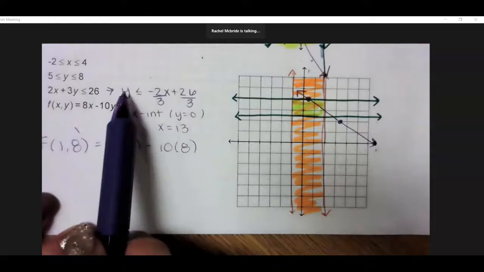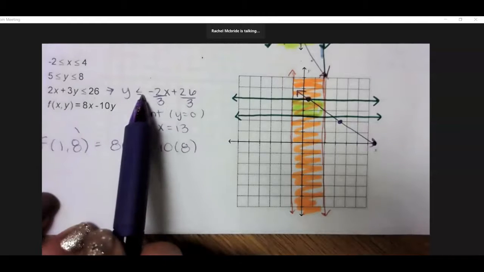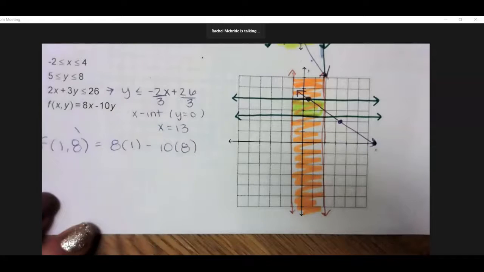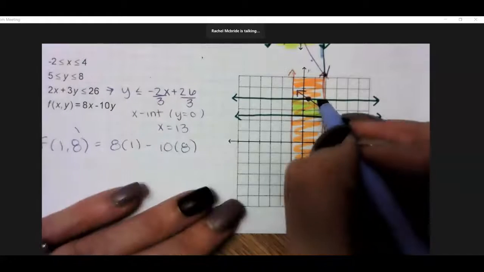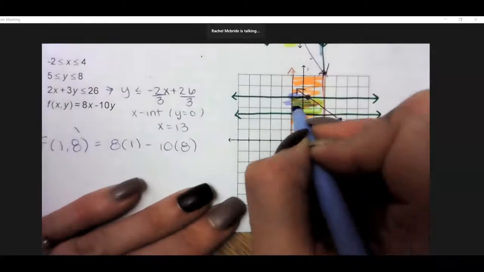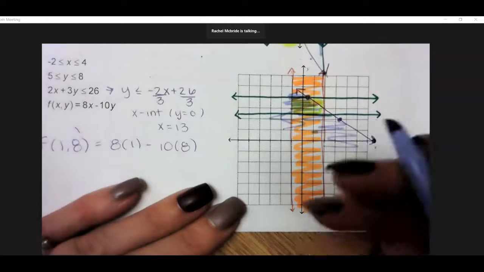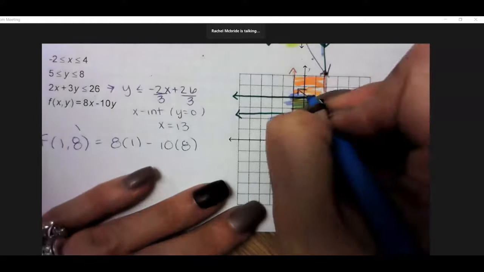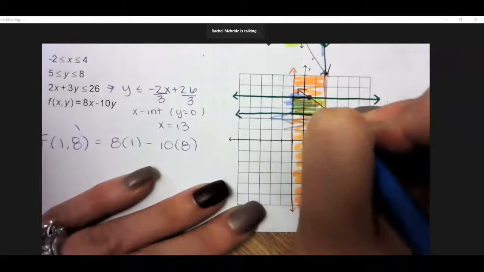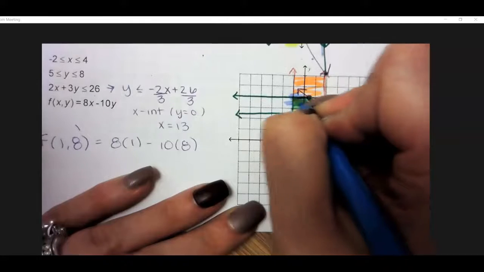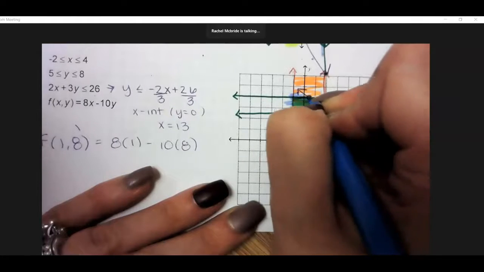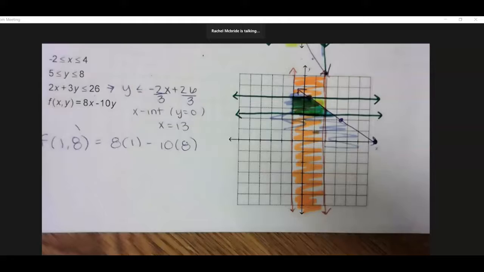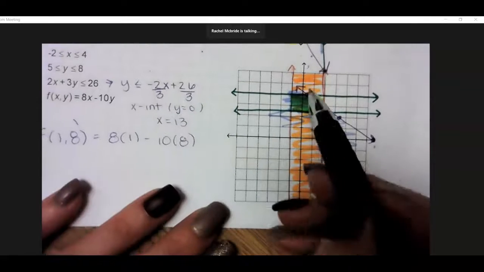Now you need to determine, okay, does this one shade above or below? So the purple graph is shaded below. So that's going to give me this region in here. But the overlap, or the solution region, is where all those graphs occur. So it's kind of like this in here. So my vertices are that 1, 8.